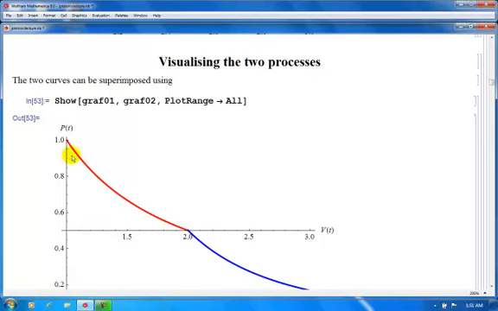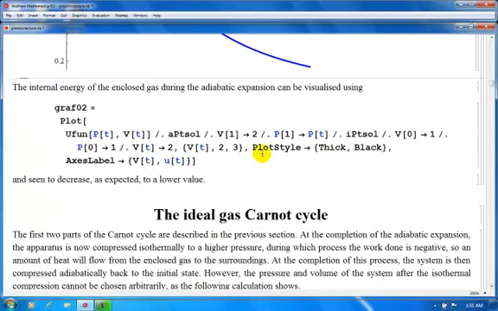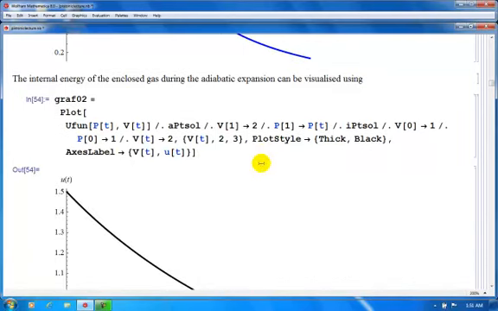The red curve is the isothermal expansion, and the blue curve is the adiabatic expansion. And we can plot the internal energy of the enclosed gas during the adiabatic expansion, and it looks something like that.